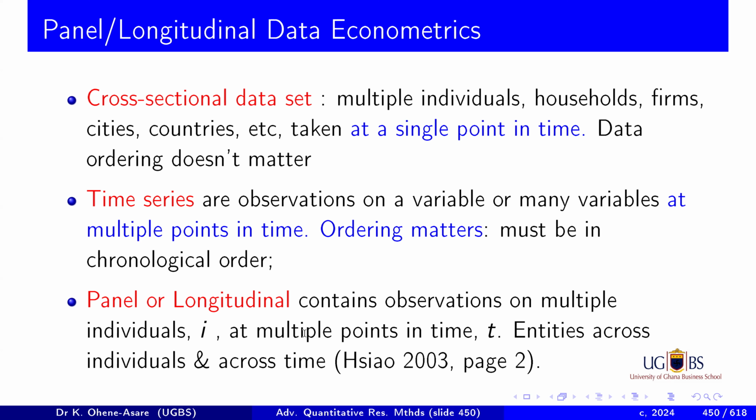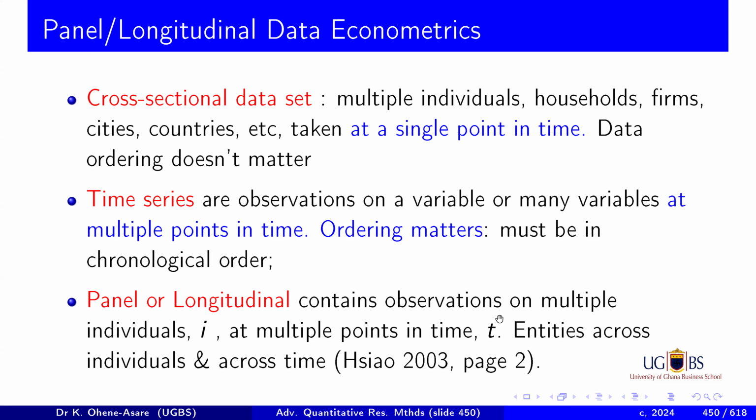That's different from longitudinal data. These are data sets that have both cross-sectional and time series facilities. So they contain observations on multiple individuals across multiple time periods. Watch it.